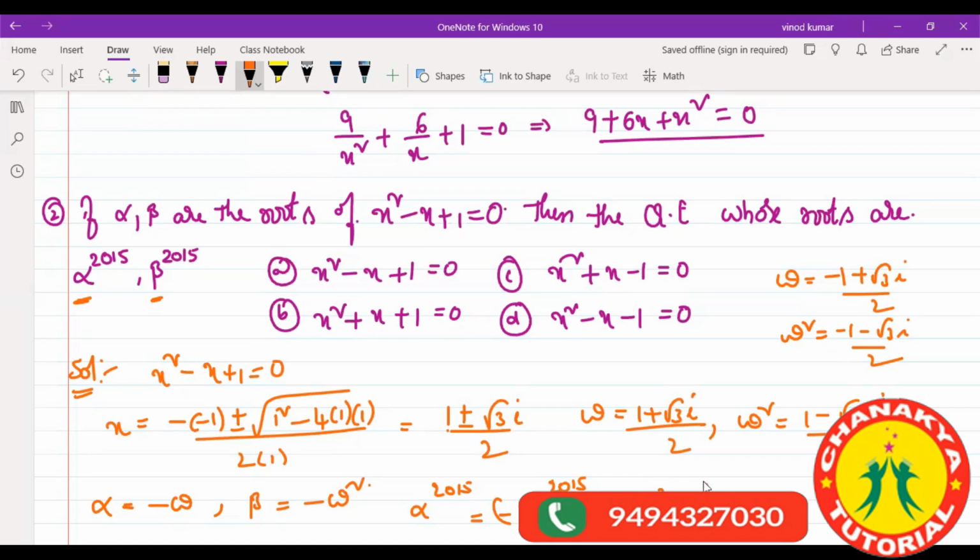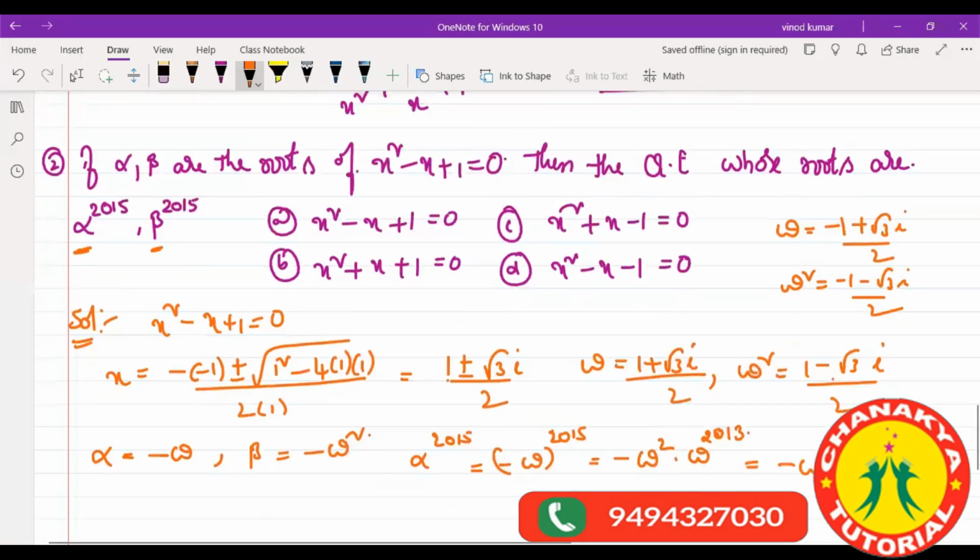Now 2013 means omega cube whole power 671, minus omega square. Alpha power 2015 is minus omega square.